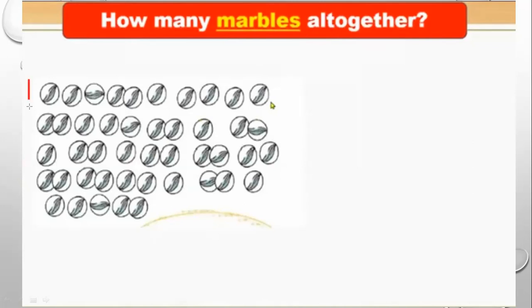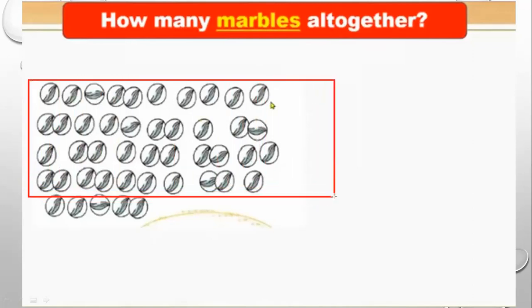No, there are only 5. So here we have 40 marbles, and here we have 41, 42, 43, 44, 45. So it will be 4 tens and 5 ones, 45.